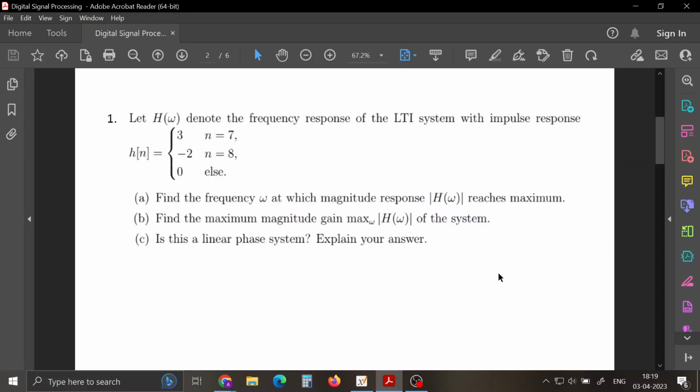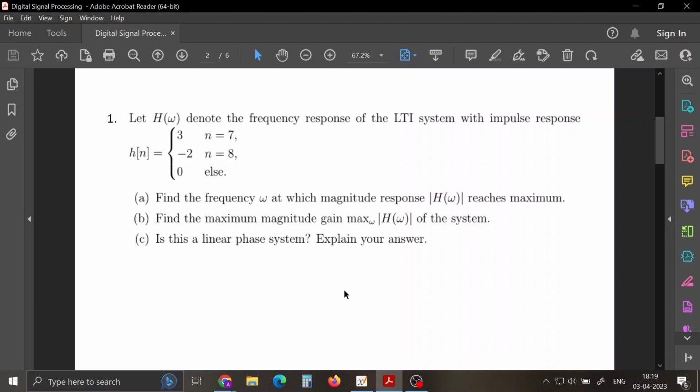I hope question number 1 is visible. We are starting with an easy question. We are given an LTI system with a frequency response capital H of omega, and remember, this notation implies the same thing as capital H of e power j omega, which is the more common notation we have used so far.